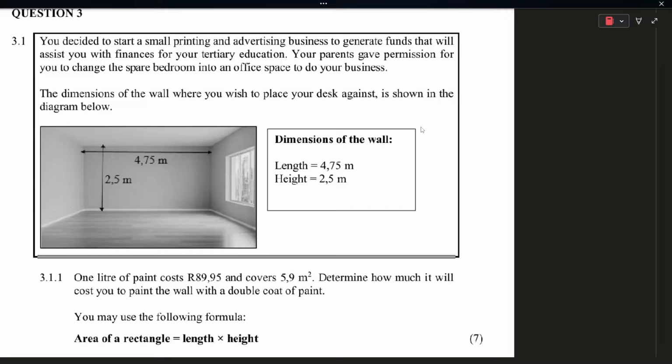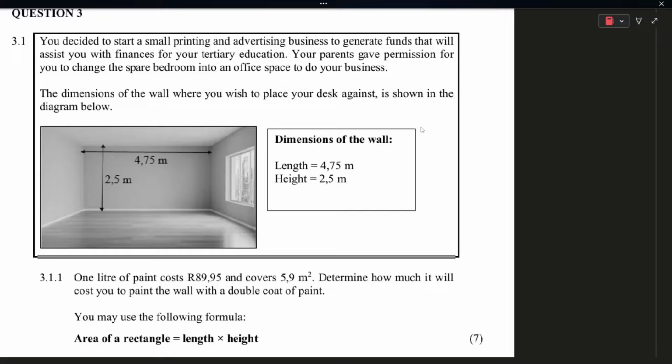The length is 4.75 meters, height 2.5 meters. 1 liter of paint costs 18 rand 95 cents and covers 5.9 meters squared. That is the area. Determine how much it will cost you to paint the wall with a double coat of paint. You may use the following formula. Area of a rectangle is equal to length multiplied by height.